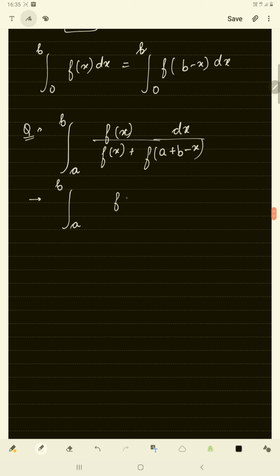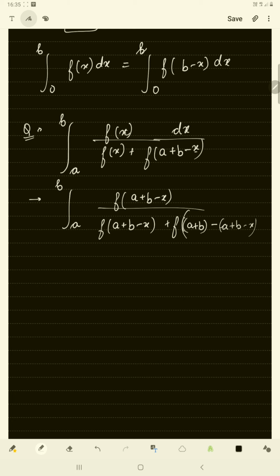We can directly write a plus b minus x upon f of a plus b minus x plus f of, now applying the property, we have a plus b as it was, minus, and we substitute the value a plus b minus x in place of x, so we have a plus b minus x over here.